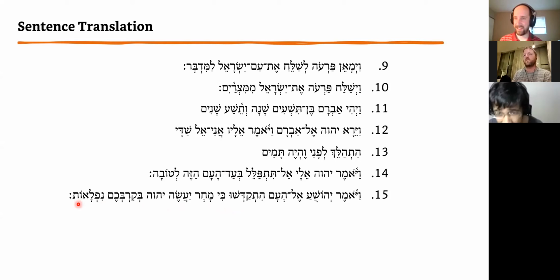I just translated this yesterday with another guy. Fun. Really? And Joshua said to the people, sanctify. Hitpael. Sanctify yourselves, right? Yeah, because that's the reciprocal idea. Sanctify yourselves because machar ya'aseh.